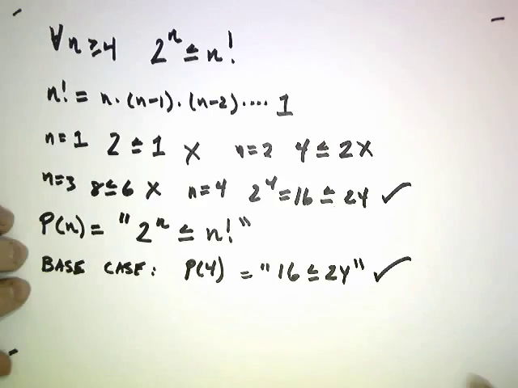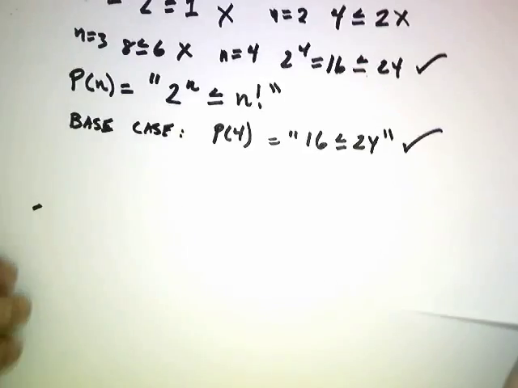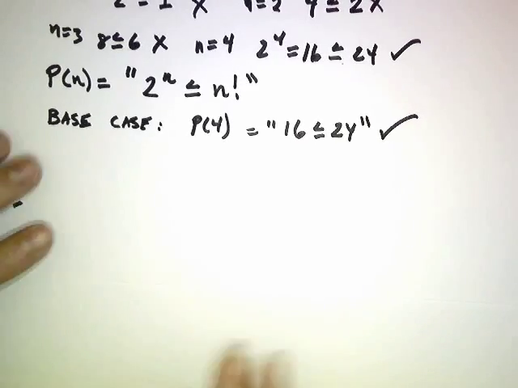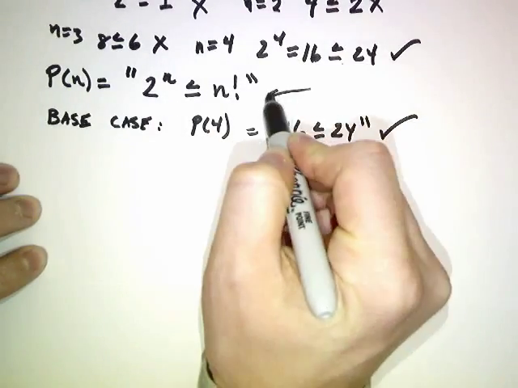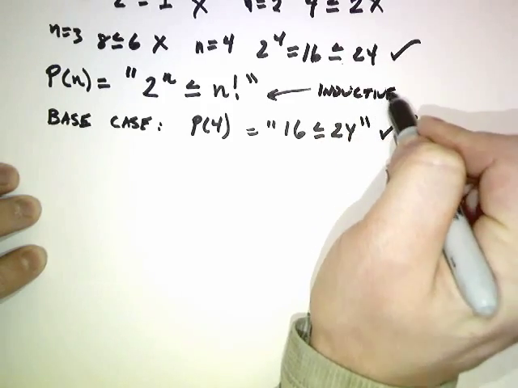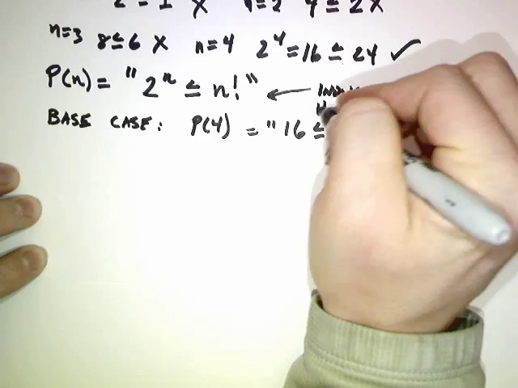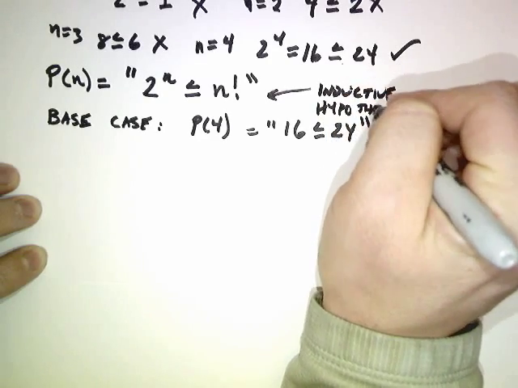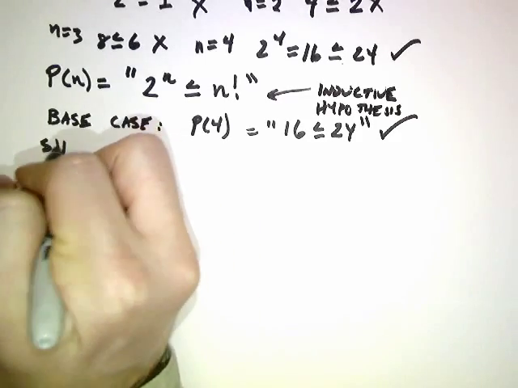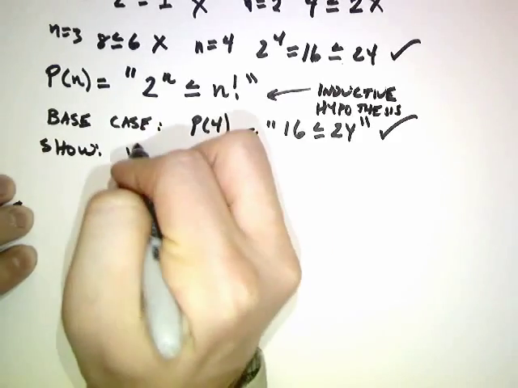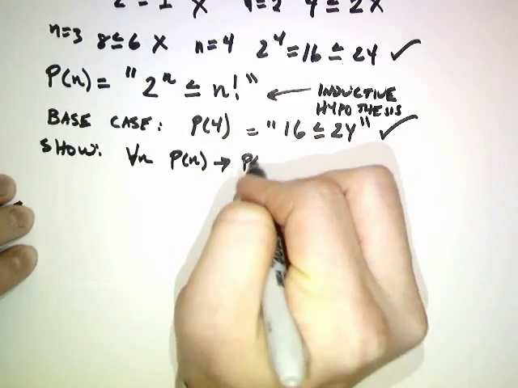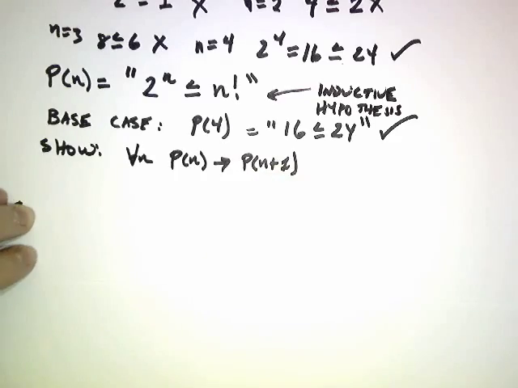So now this is where the fun begins. We're going to use our inductive hypothesis, that's this predicate here. Okay, so we're going to show that for all n, P of n implies P of n plus 1.